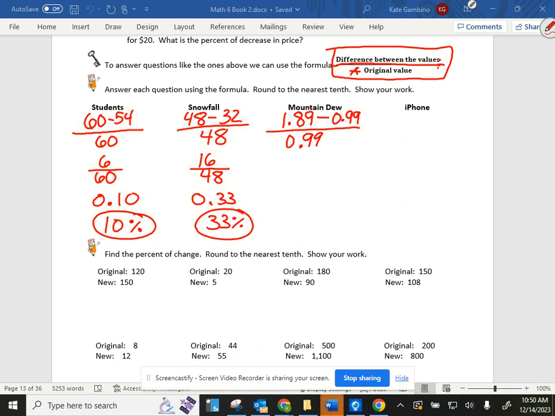So what is $1.89 minus 99 cents? Jimena? 0.9. And we're going to divide that by that 99 cents. So what is 0.9 divided by 0.99?